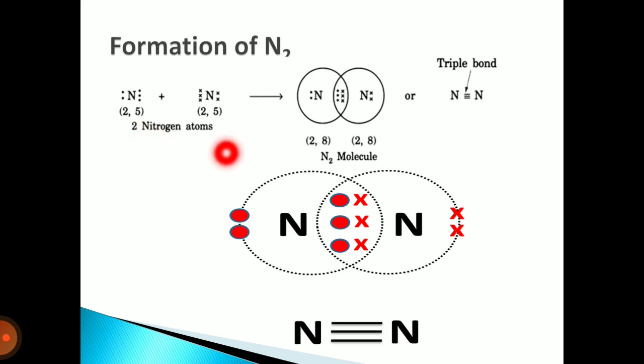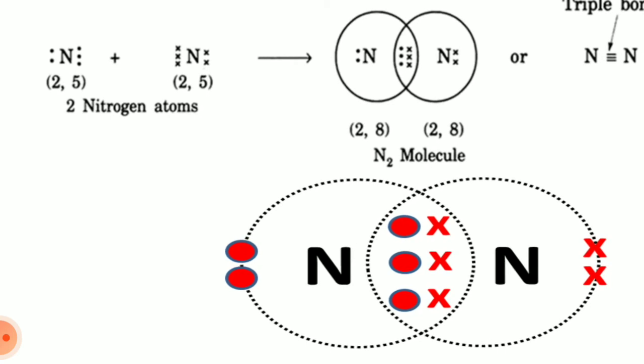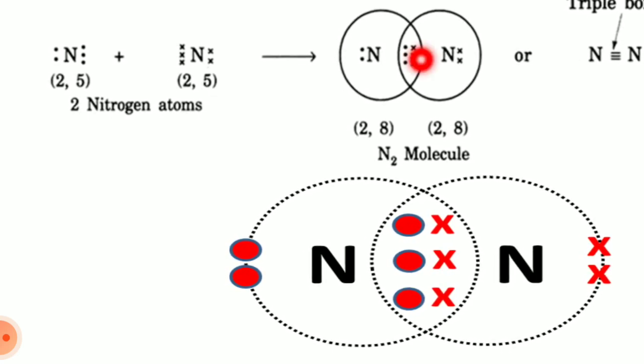Here in this diagram, nitrogen atoms are shown with 5 valence electrons. 2 nitrogen atoms, and these 3 electrons of one nitrogen atom are made available for sharing with these 3 electrons of another nitrogen atom, so that 3 pairs of electrons are shown which are mutually shared by both of these nitrogen atoms, so that each nitrogen atom completes its octet.